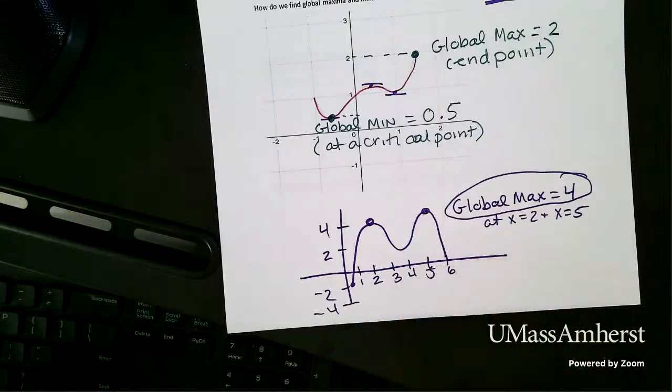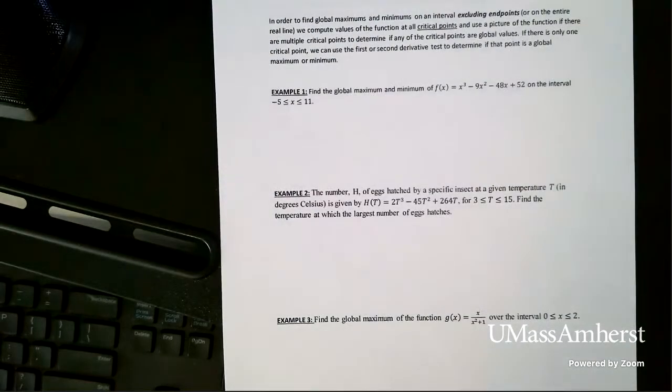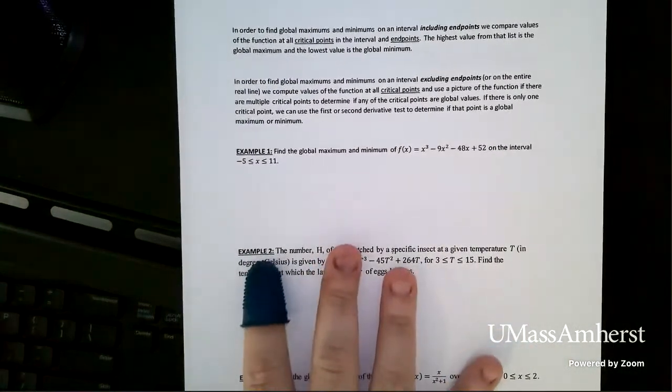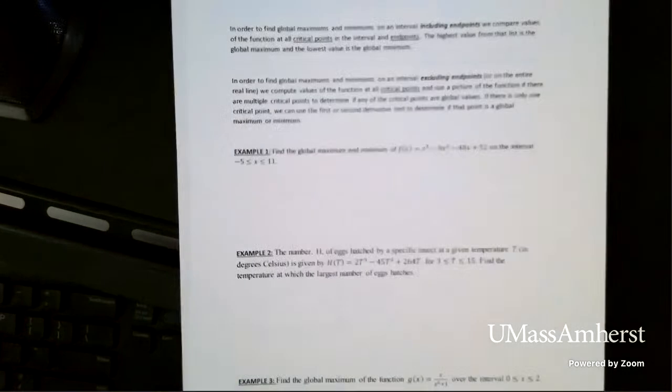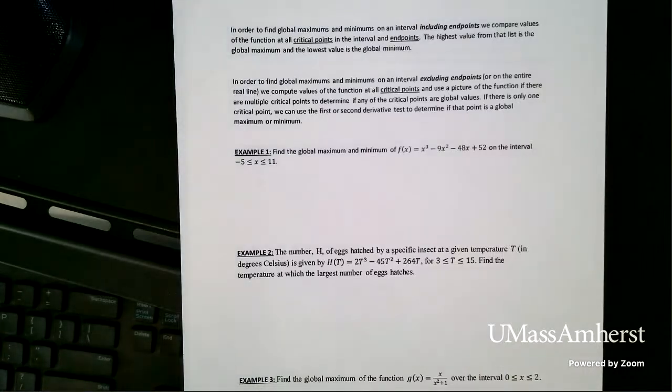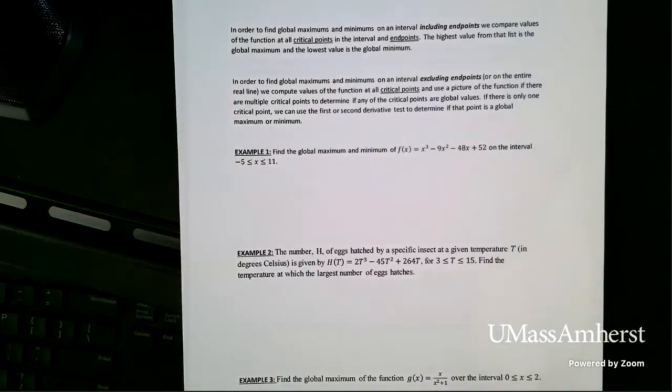So we're going to take this information and start off by trying some of the algebraic problems. I want to remind you of what I just said and turn it into a process. We said that global maximums and minimums happen at critical points or endpoints. How do we get endpoints? Well, if we have a picture, sometimes the graph stops and we can figure out what the endpoints are.